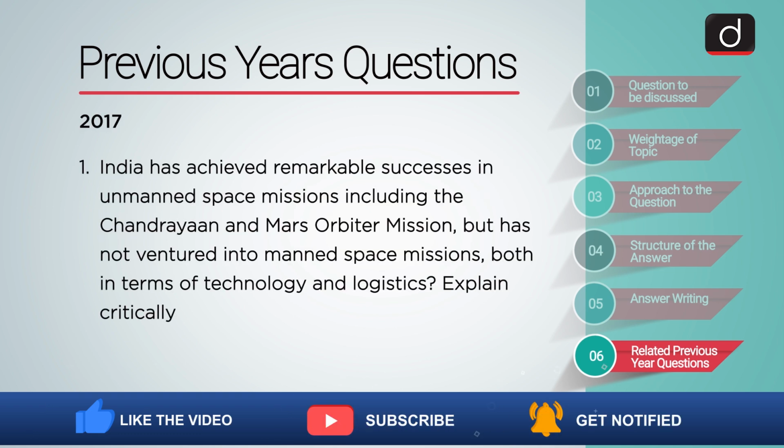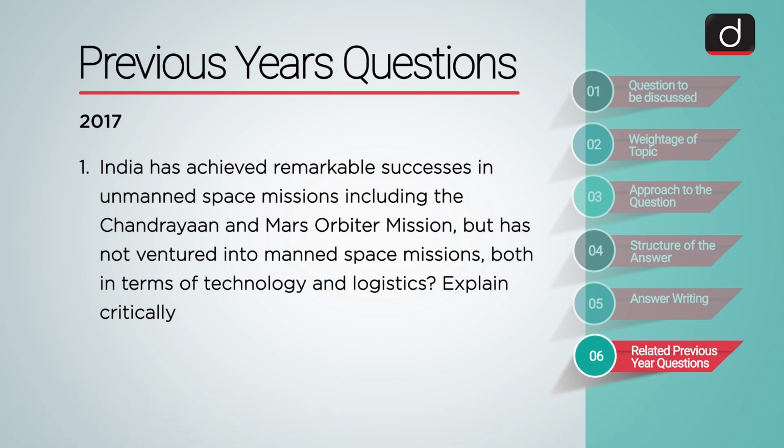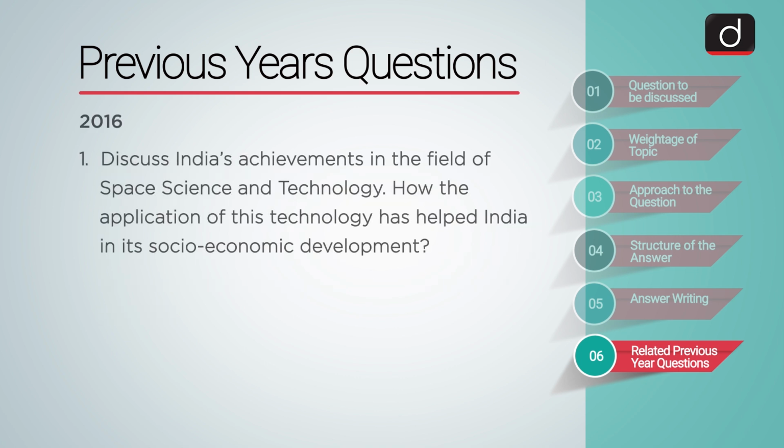In 2017, the following question was asked. India has achieved remarkable successes in unmanned space missions including the Chandrayaan and Mars Orbiter Mission, but has not ventured into manned space missions, both in terms of technology and logistics. Explain critically.